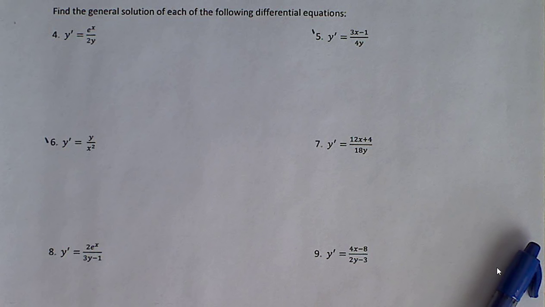Why? I will show you in a second. Let me finish this way first. So dx cancels, and you're left with 1 over y dy equal to 1 over x squared dx.